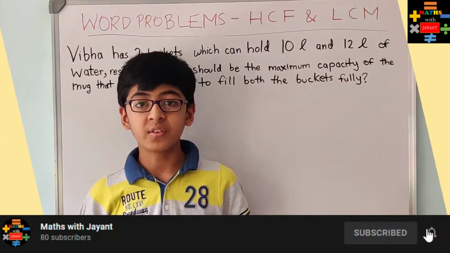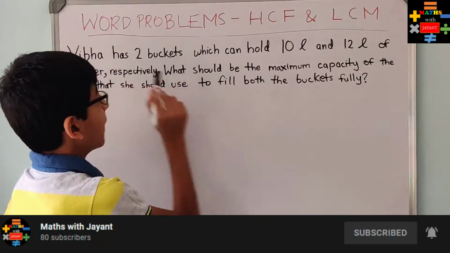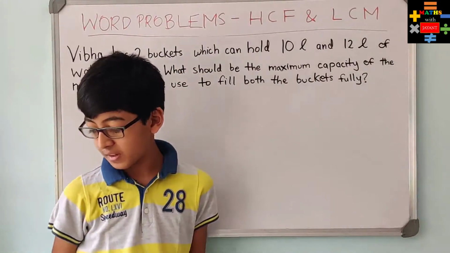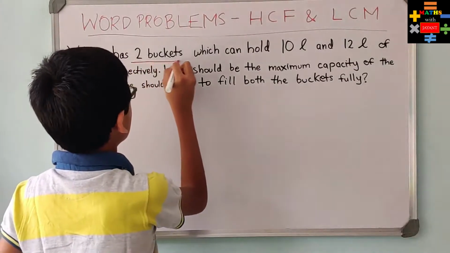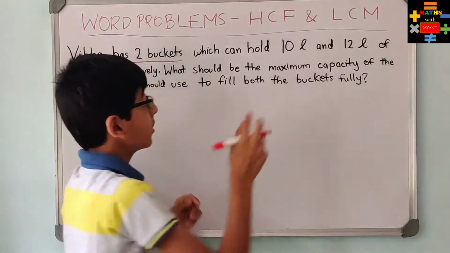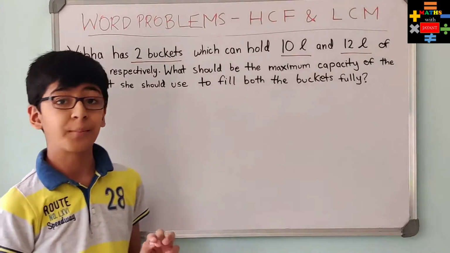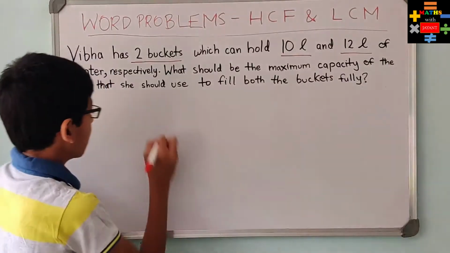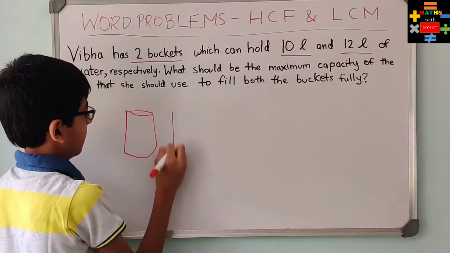So let's start with our first word problem. Vibha has 2 buckets which can hold 10 liters and 12 liters of water respectively.